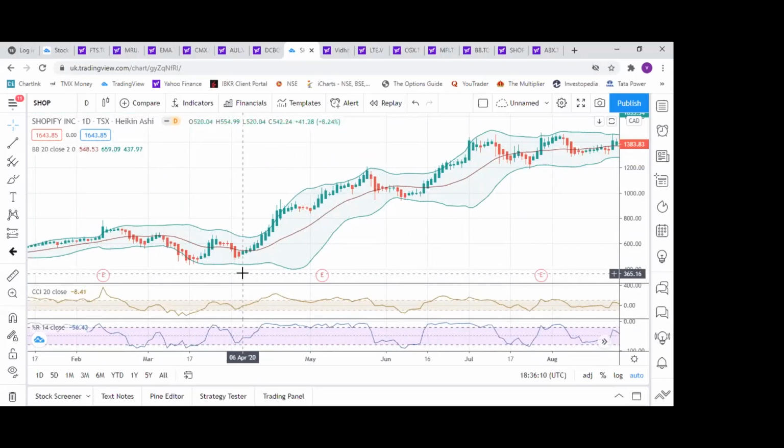If I remember very distinctly, 6th April is where Heikin Ashi is giving me a green candle. Heikin Ashi tells me if the color of the candle changes from red to green, there is strength which has come into buying. My indicators told me on the 2nd to get ready to buy.